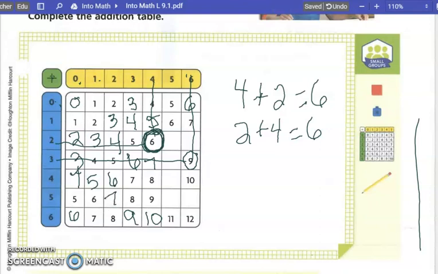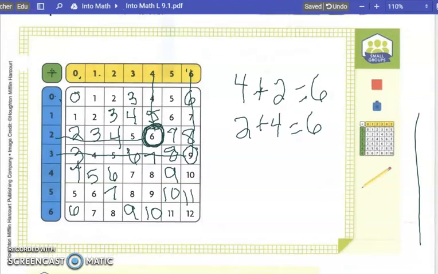Okay, so let's continue. 5 plus 2 is 7. 5 plus 3 is, 5 plus 4 is, and 5 plus 5 is. Then we have 6 plus 2 is, 6 plus 5 is.